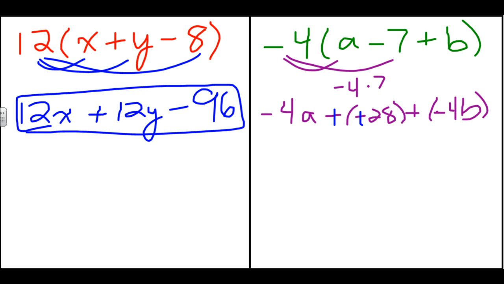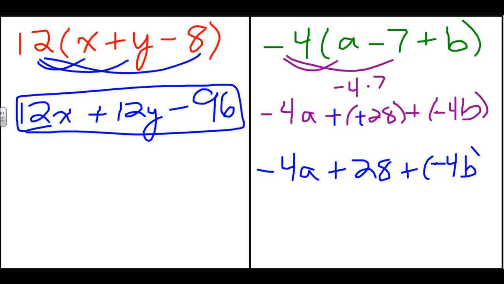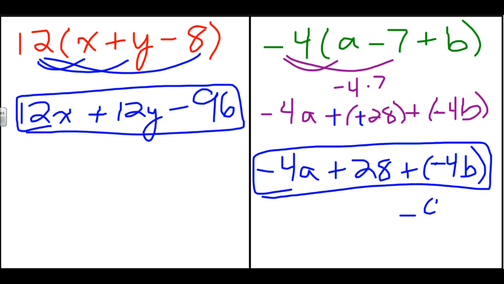So overall, this becomes negative 4a plus 28 plus negative 4b, which can be rewritten as minus 4b, but I won't rewrite that whole thing now. So either that or with a minus 4b at the end. One way or another, that is correct.